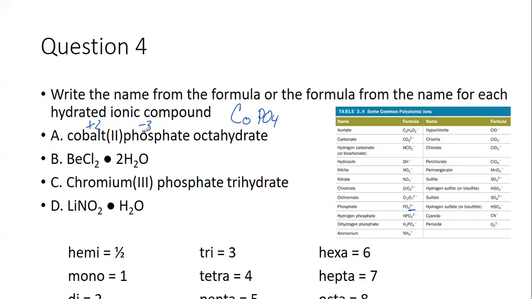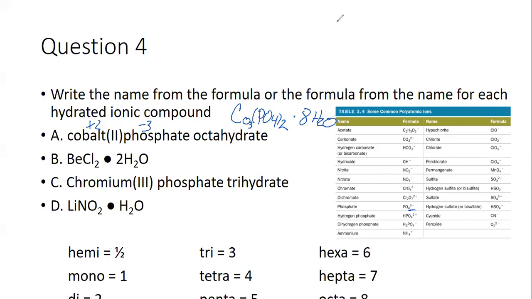So this will balance out charge-wise if we have 3 cobalts and 2 phosphates. That's a neutral compound because the cobalts are giving a +6, the phosphates are giving a -6, and then octahydrate, 8 water. That's what octa means.